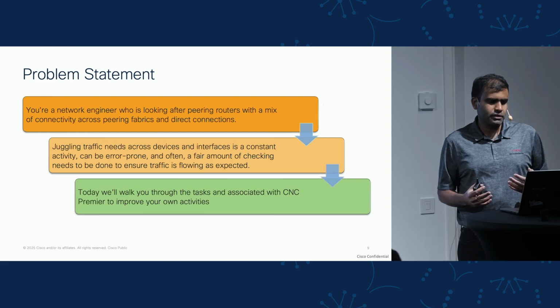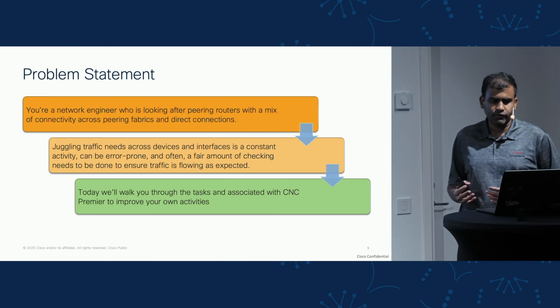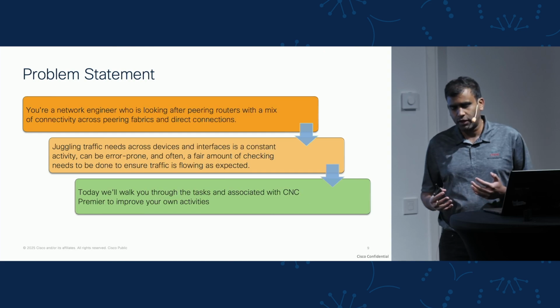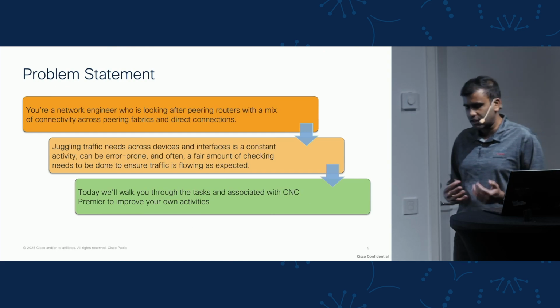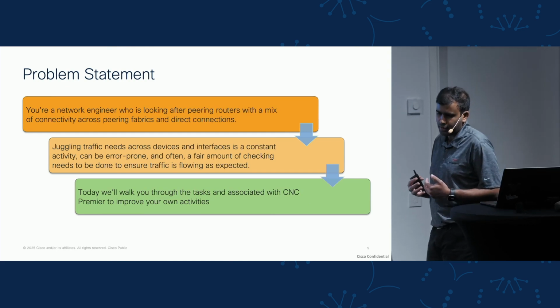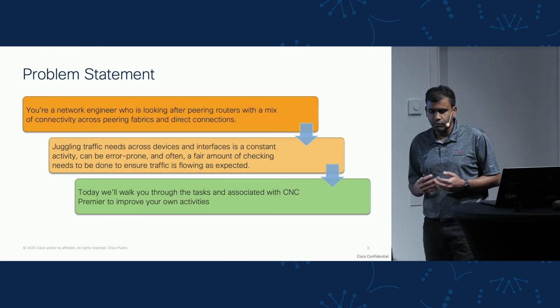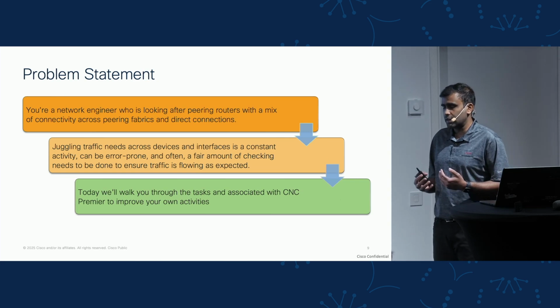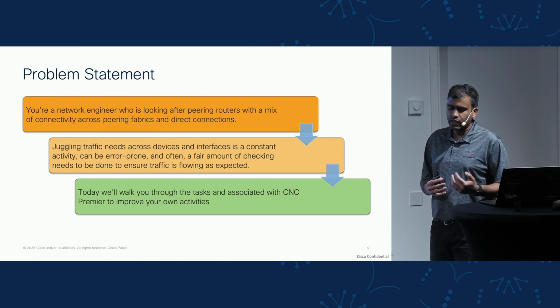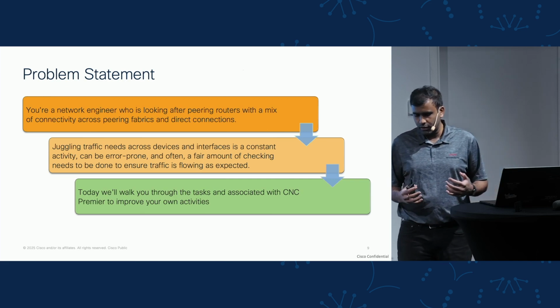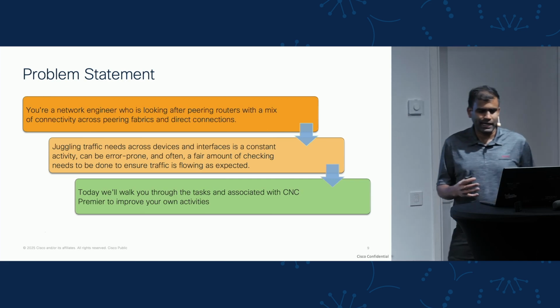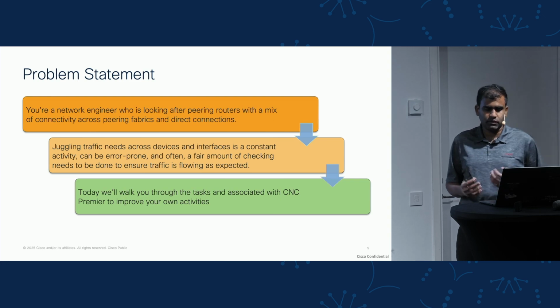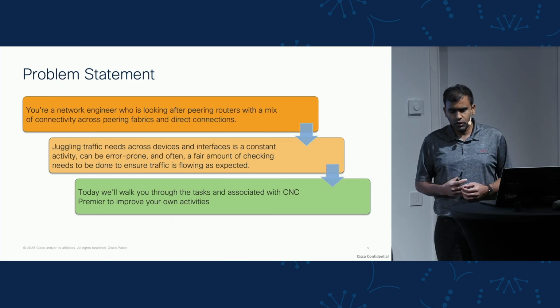When you're juggling the traffic needs across devices, it can be very error prone, and it's a constant activity that an operator needs to look at every minute. It can be very error prone with the human in the loop, because there's a fair amount of checking that needs to be done to ensure that the traffic is flowing as expected and there are no interruptions happening.